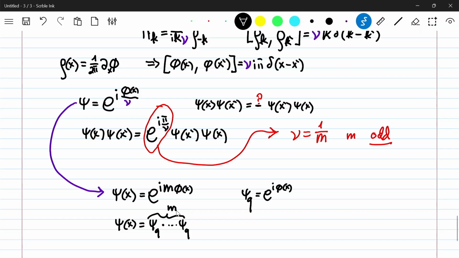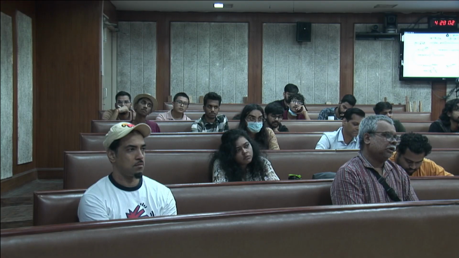So we can think of the electron operator as something that is composed of m quasi-particles. Can this be directly called an anyonic creation operator? Yeah, you're jumping a bit ahead. First of all, I can view the electron as something that is composed of fractional objects, and the creation operator of an electron is creating m quasi-particles.